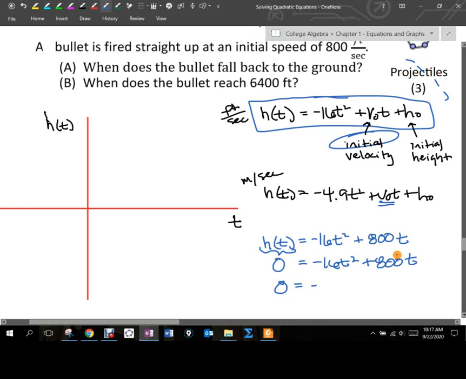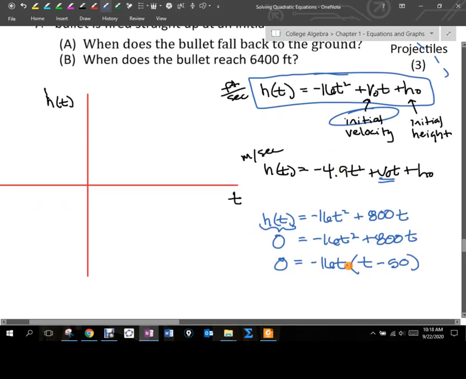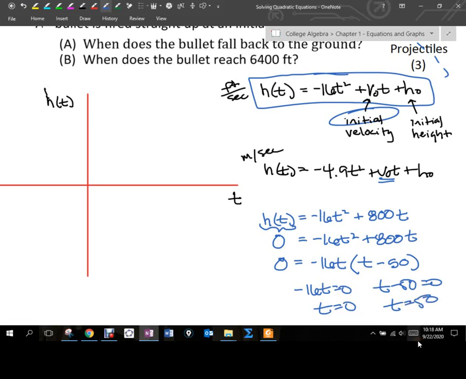You can at least factor out a t, but in this case I can factor out a negative 16t, and that leaves me with t minus 50. And there are my two factors. So negative 16t equals 0, and t minus 50 equals 0. Divide by negative 16 gives me t is 0. Add 50 gives me t is 50.